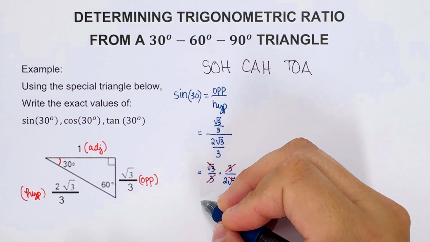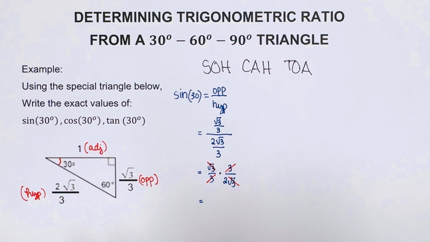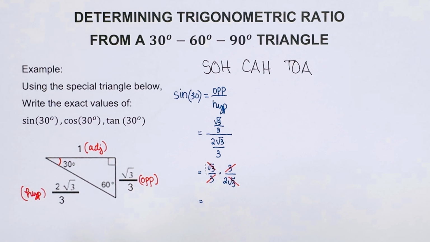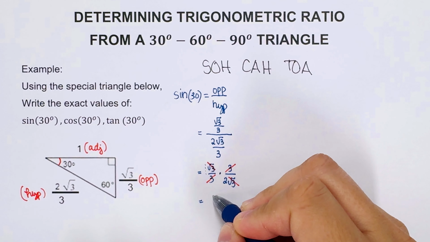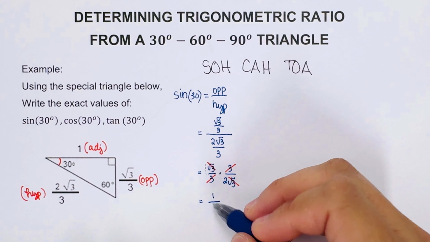So what is left on top? If everything is crossed out, there is actually an invisible number, because before the square root of 3, there is actually an invisible 1 in there. Okay? So if nothing is left over on either the numerator and the denominator because you cross them out, there is actually an invisible 1 that's lurking in there. So this comes out 1 over, what's left over in the denominator? 2.